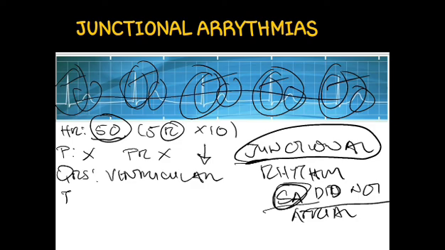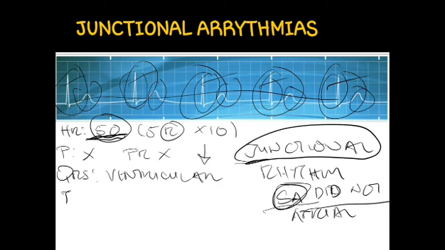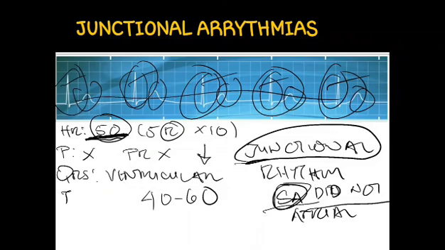Again, a rhythm that has no P wave or has an inverted P wave, and this also fits the category of a junctional rhythm because a junctional rhythm only fires 40 to 60 impulses, or the firing rate of your atrial junction is only 40 to 60. So it means that this is a junctional rhythm. This one fits a junctional rhythm.